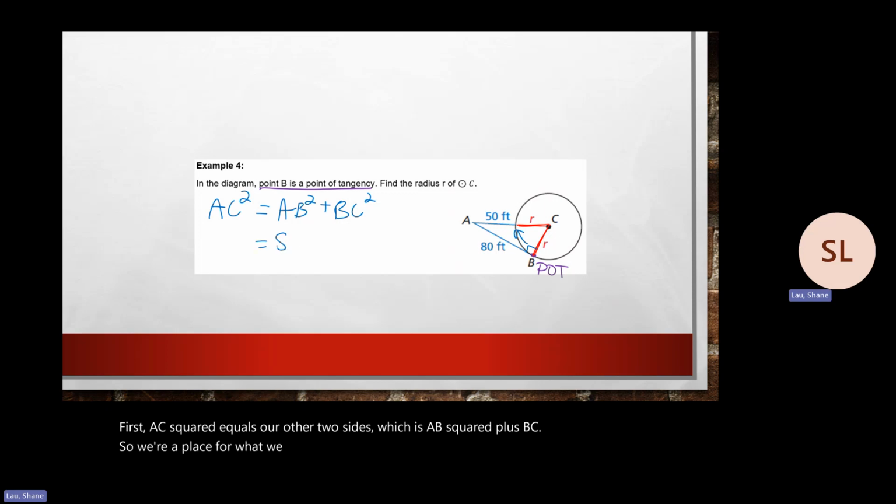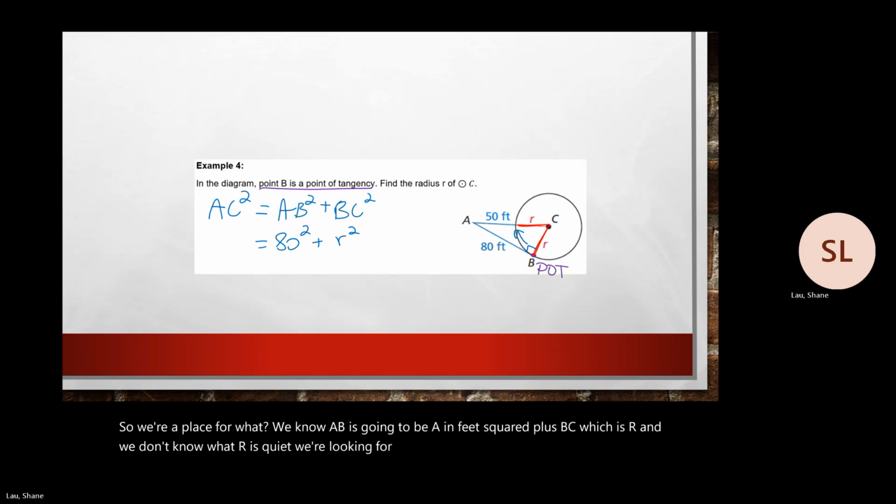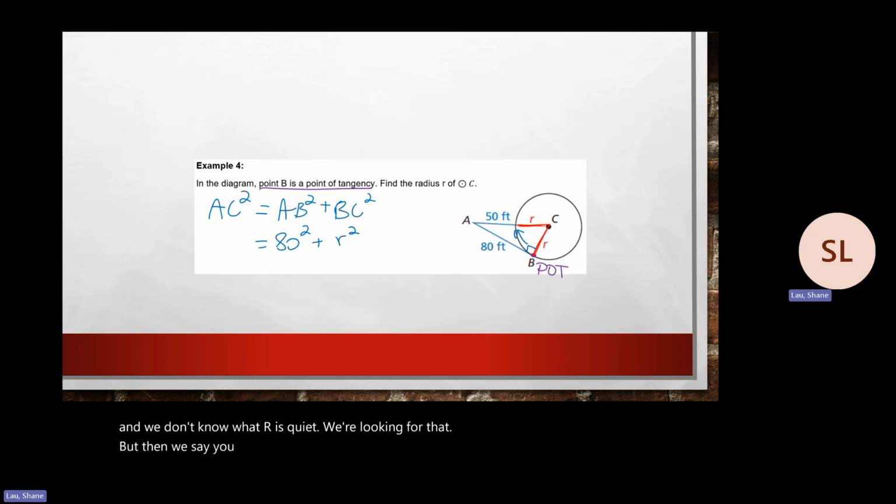AB is going to be A feet squared plus BC, which is R. We don't know what R is quite yet. We're looking for that. But then we say, well, AC, is it 50 minus R? Is it 50 times R? 50 divided by R, 50 plus R? It's hard to tell. But it's actually not as hard as we think.